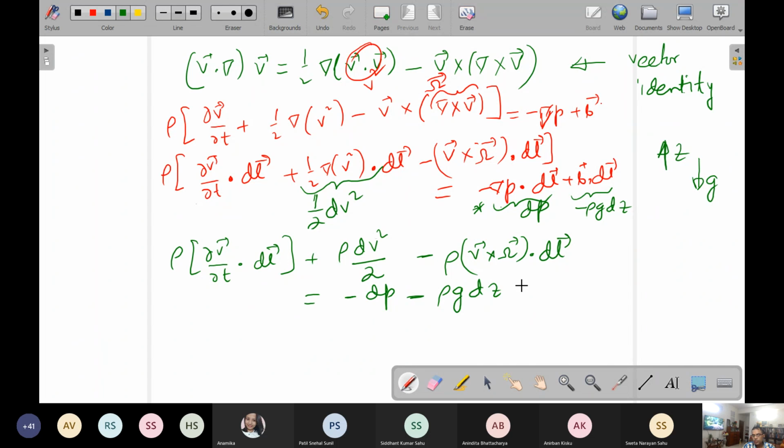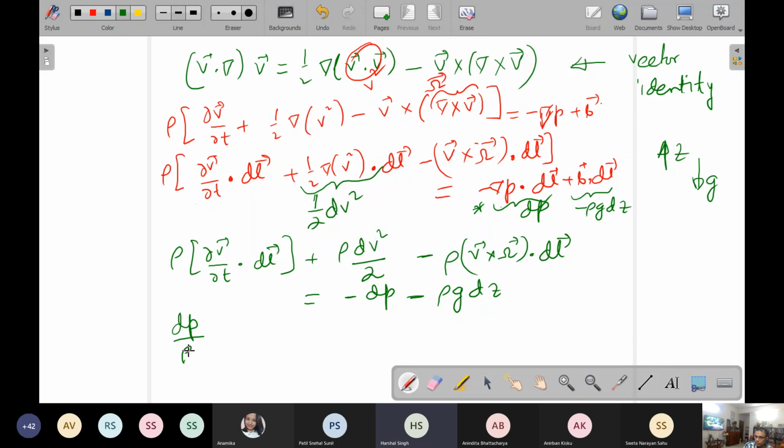So the next step, what we will do is we'll bring all the terms in one side and divide those by rho. So we'll write dp by rho.